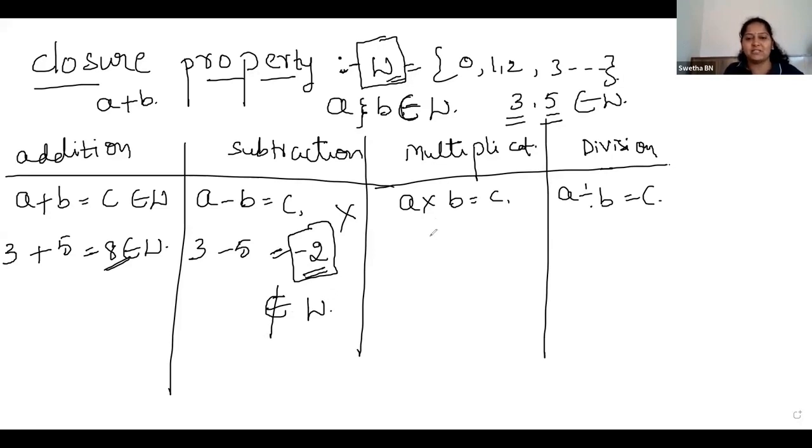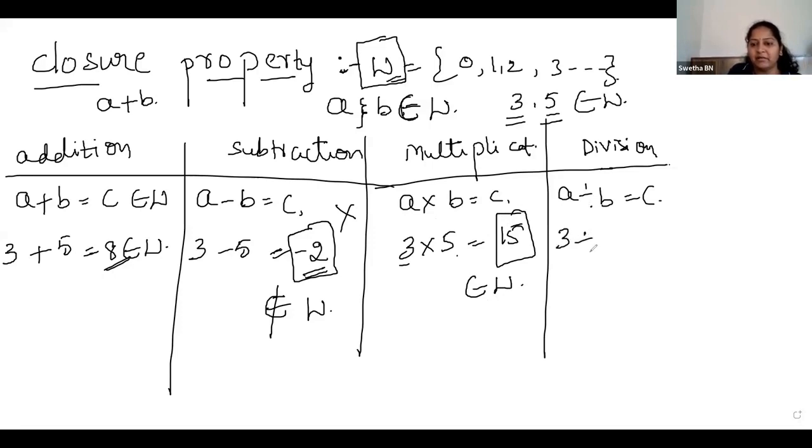Got it? Now let us do multiplication. 3 into 5 is equal to, what is 3 into 5? 15. Does 15 belong to the set? Yes. 15 is also a whole number. So belongs to whole number. Next, come to the last, division. 3 divided by 5.